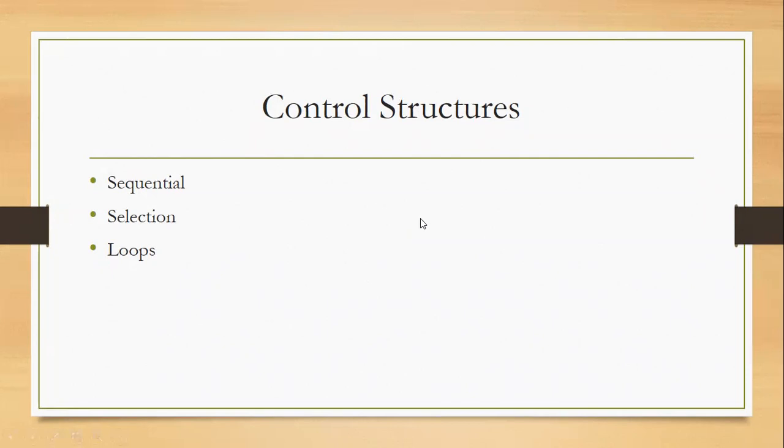Control structures basically show how the program will be solved, or how the code will be worked on. So we have three control structures: sequential, selection, and loops. Sequential, selection, and loops. And I'm going to explain each one of them as we see.